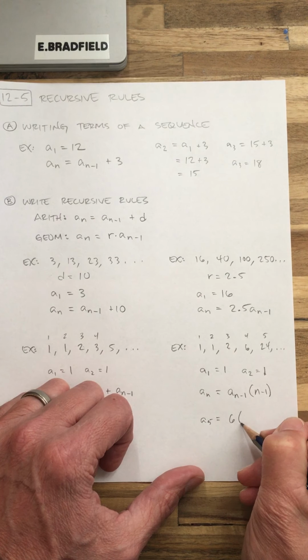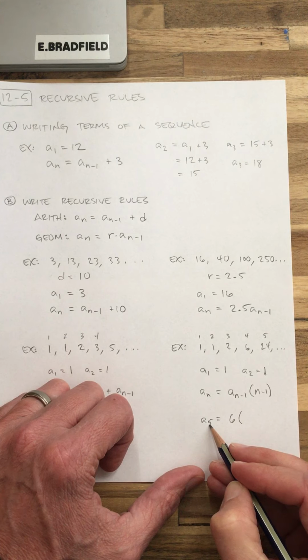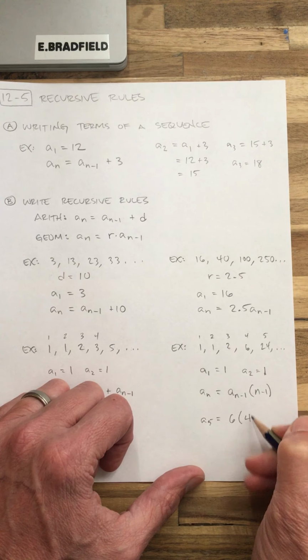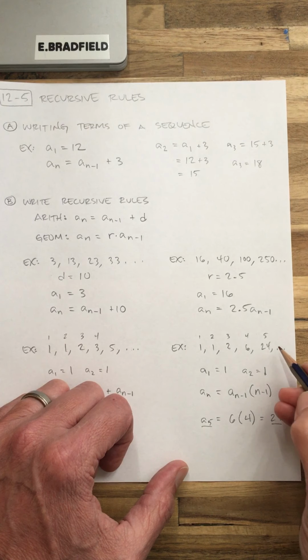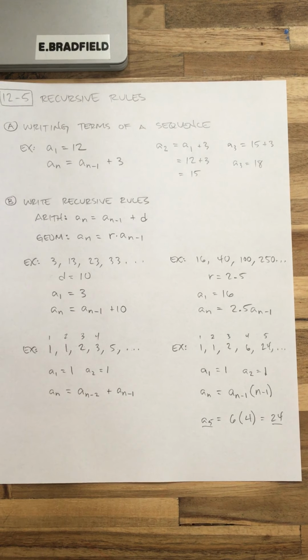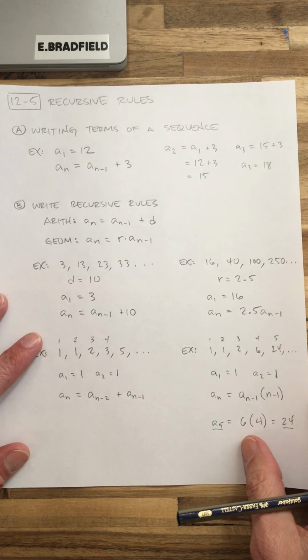So it's 6 times n minus 1. 5 minus 1 is 4, and 6 times 4 is 24, and the fifth term is 24, just like we said. So it works. It just kills your brain.